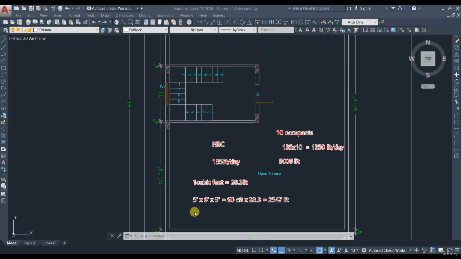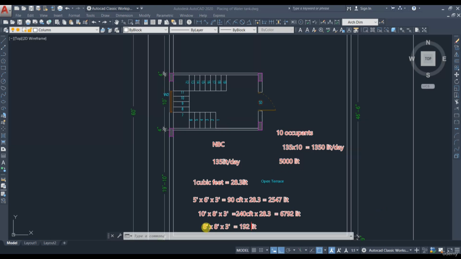So let's go with the higher size. Let's take the size of 10 feet by 8 feet by 3 feet height. We get 240 CFT multiplied by 28.3. We get 6792 liters. This is too high, because we are going to opt for 5000 liter capacity.